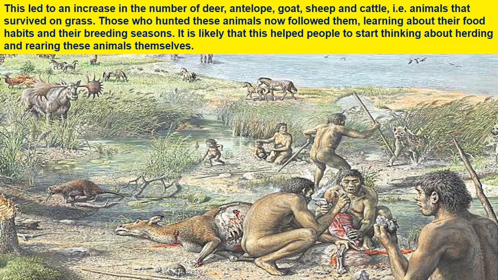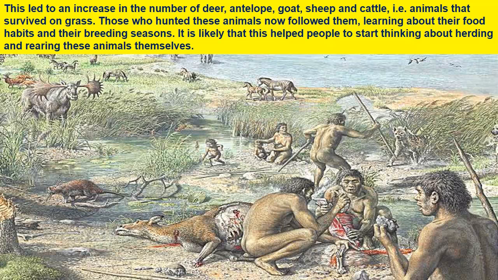So obviously when grasslands increase, this will automatically increase the number of deer, antelope, goats, sheep, cattle, such animals which survived on grass. They are getting grass, so they also increased. And those who hunted these animals now followed them, learning about their food habits and their breeding seasons.